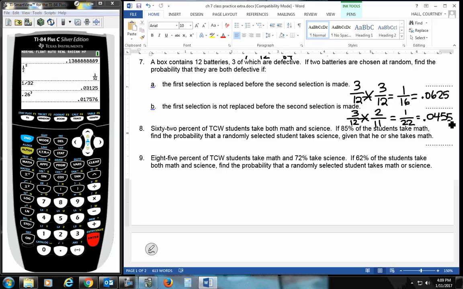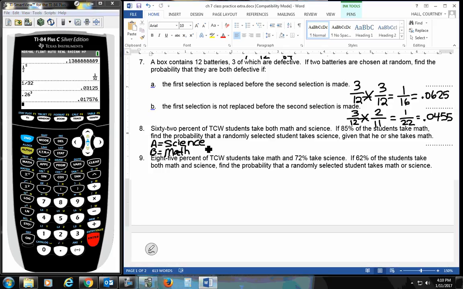So when I try to use my formula that we learned for this, I'm going to let B be math, even though they might have talked about it first, because in our formula, the given part is always the B. So the event that they take science should be our A event. And again, I'm doing it that way because they say given they take math.